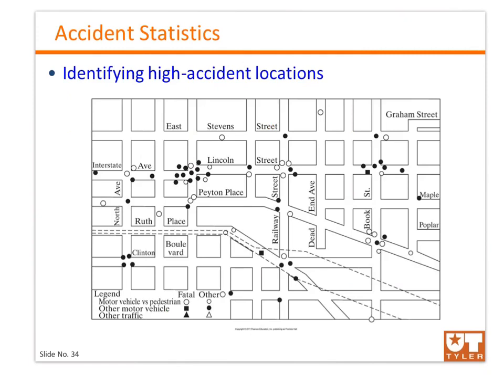Another way of identifying high accident locations is by plotting the entire location. Here is an example that shows lots of streets and lots of intersections, and all you do is plot the fatal accidents and other accidents, and whether they are motor vehicle versus pedestrian, other motor vehicles, or other traffic.